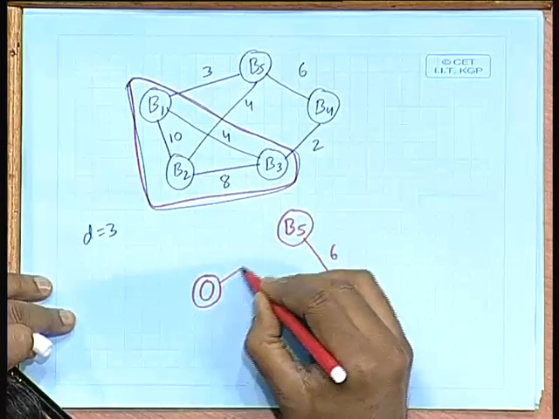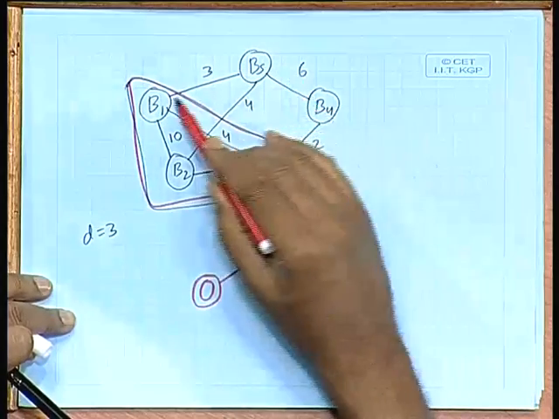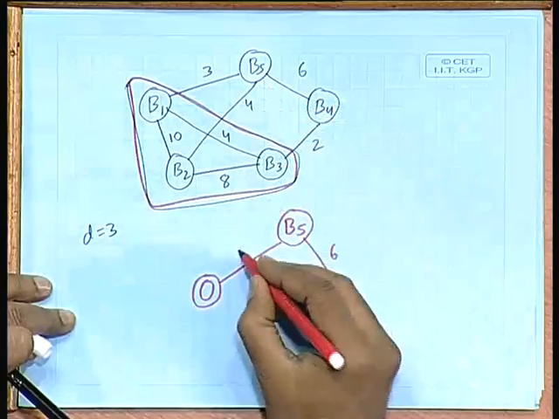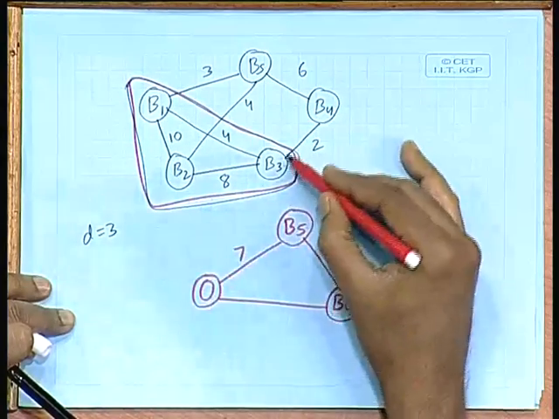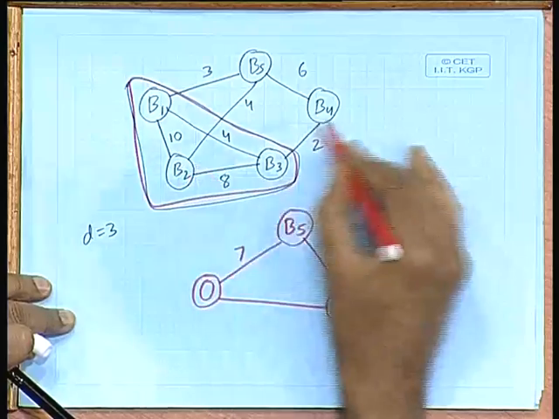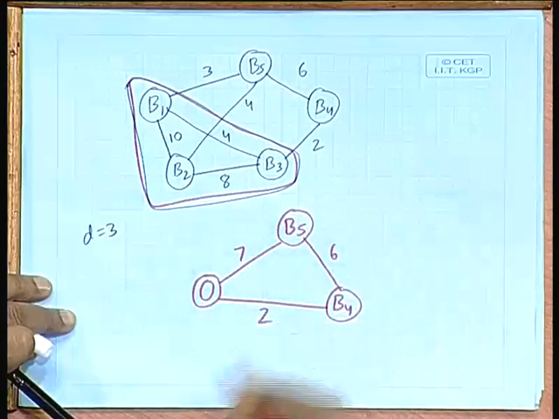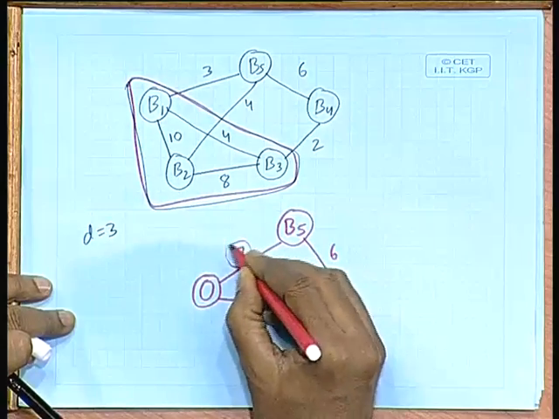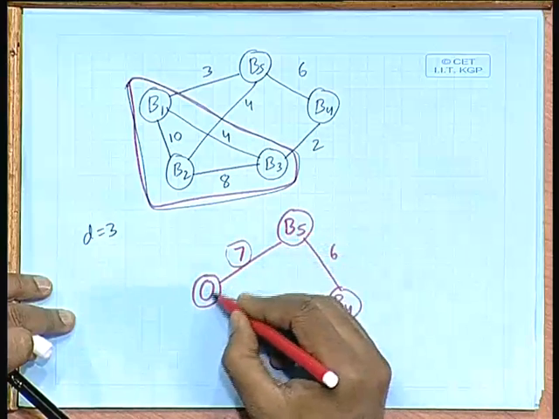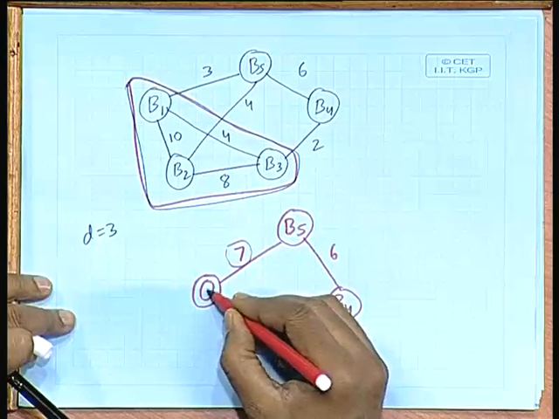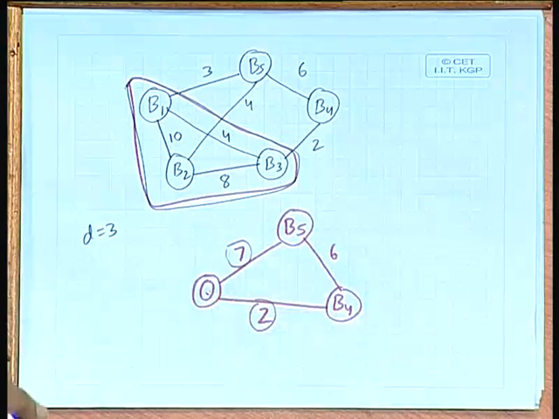Now this will be connected to B5 with a weight equal to 3 plus 4, 7, and this will be connected to B4 with a weight of only 2, as there is no edge from B1 or B2. So these new weights have to be calculated as the sum total of the weights of the edges from B5 to each of the nodes in this cluster. In this way you go on repeating.